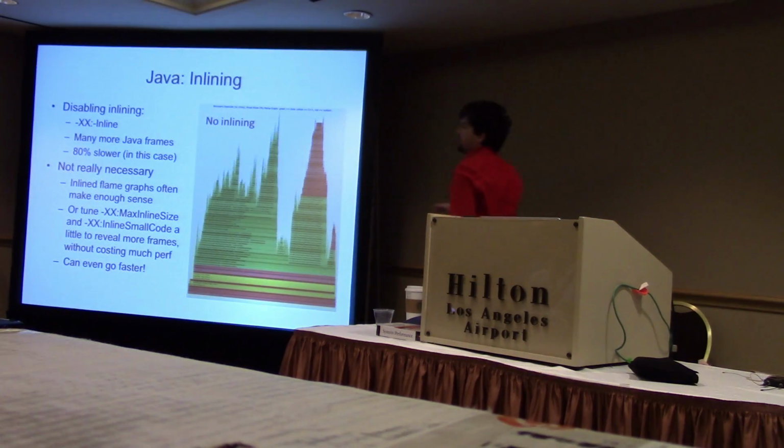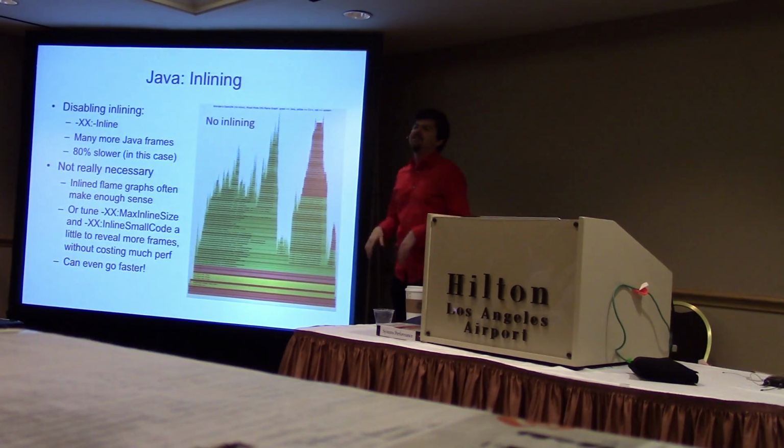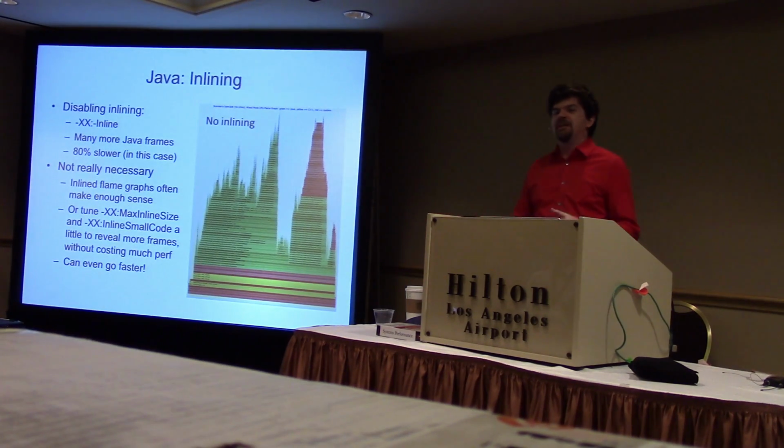As an investigation, because the JVM lets you tune this stuff, I tried saying, let's relax inlining a bit. Don't inline so aggressively, just give me a few more frames of context. And Java ran faster. This is not why I was doing this exercise. I was doing this exercise to make debuggability better. So now I've got two problems. I analyzed that to find out why that was happening, and it was because inlining is so aggressive.